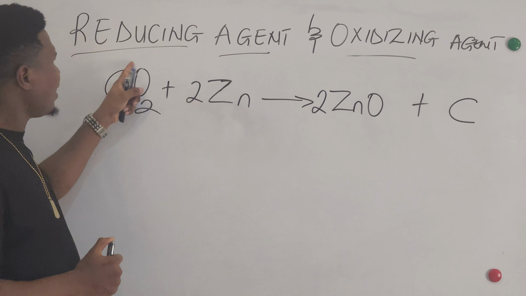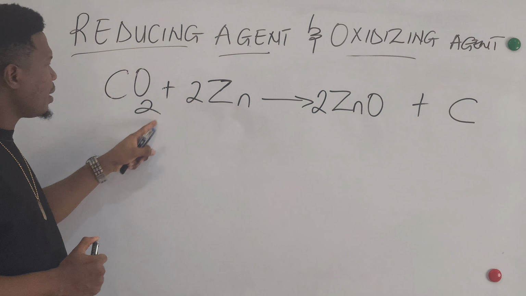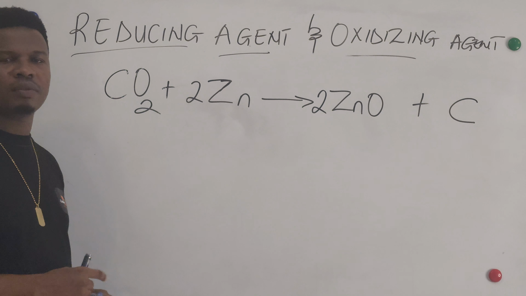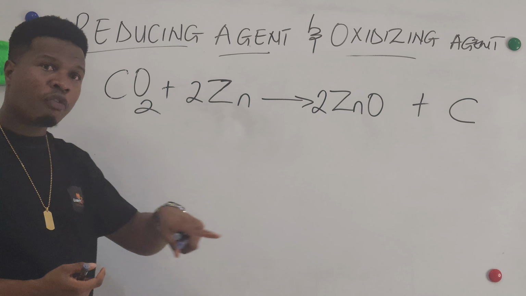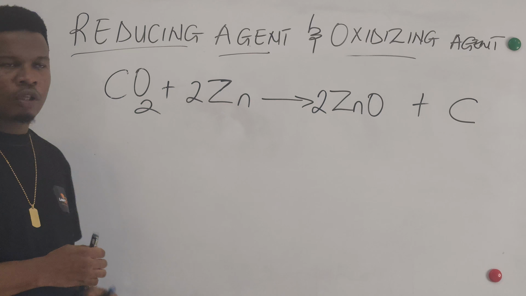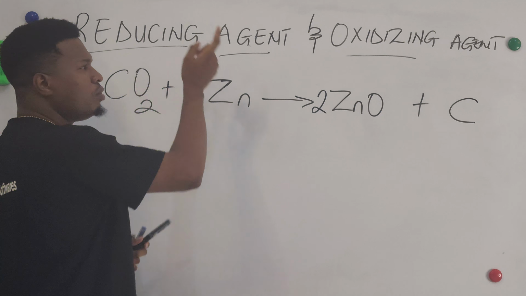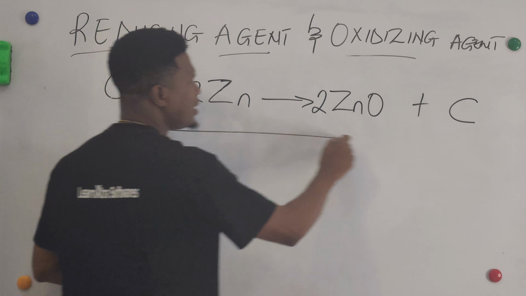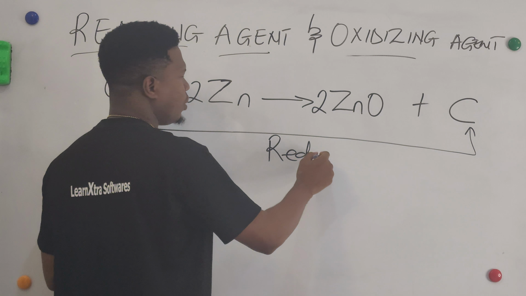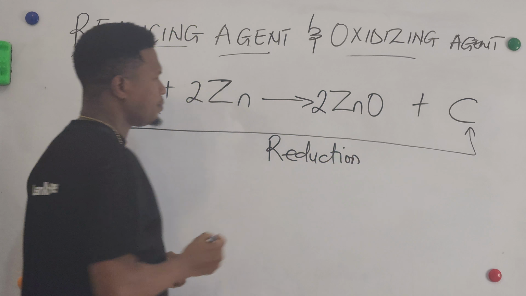So remember that removal of oxygen is what? Reduction. Addition of oxygen is oxidation. But removing oxygen is reduction. So because oxygen was removed here, we can call this reduction. The reaction is a reduction reaction, right?